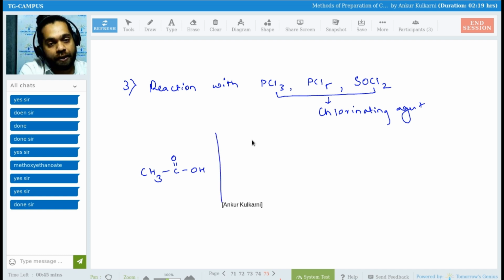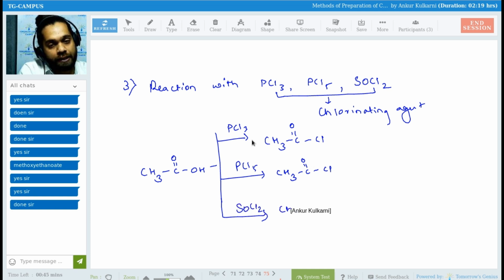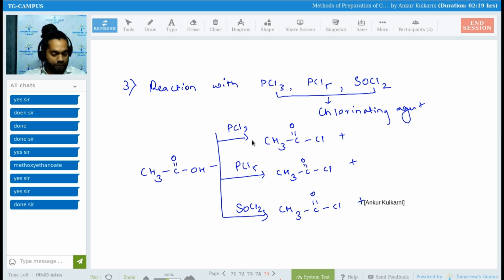If I react with PCl3, I'll have CH3, C double bond O, Cl. If I react with PCl5, again CH3COCl. And if I react it with SOCl2, I'll get CH3COCl.